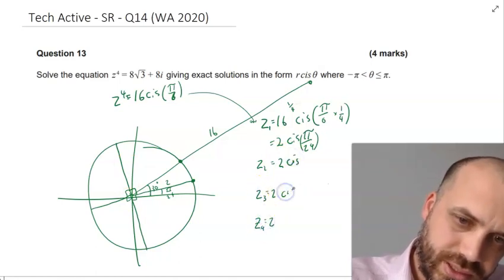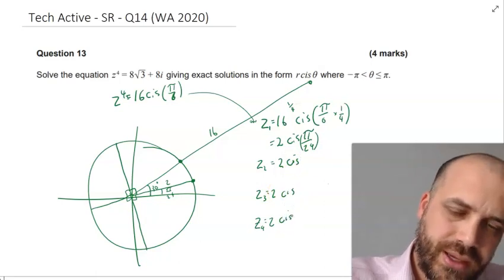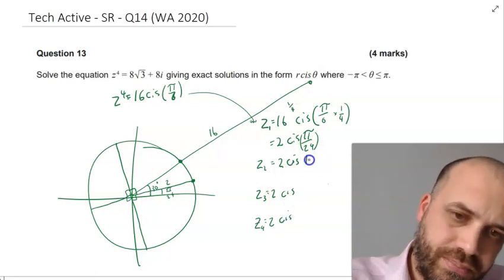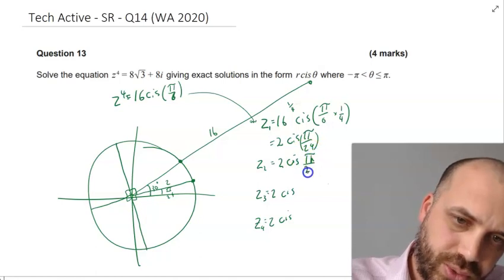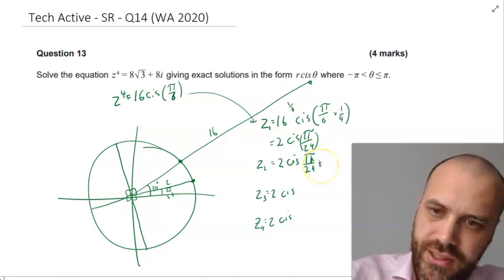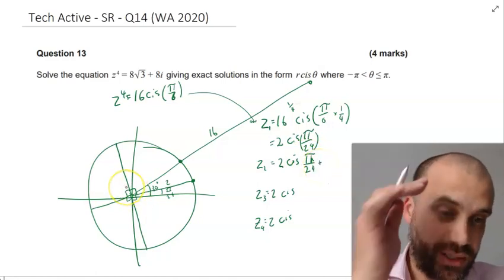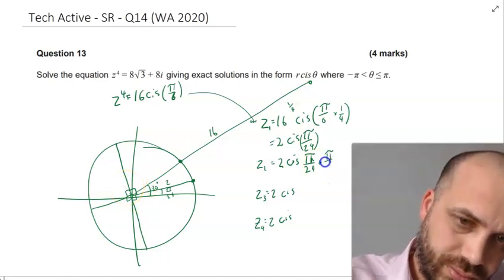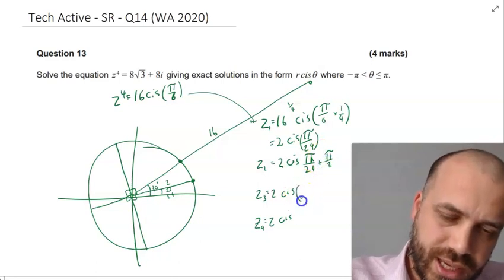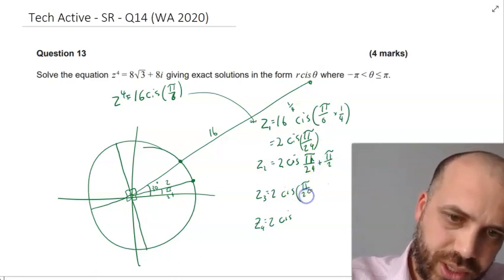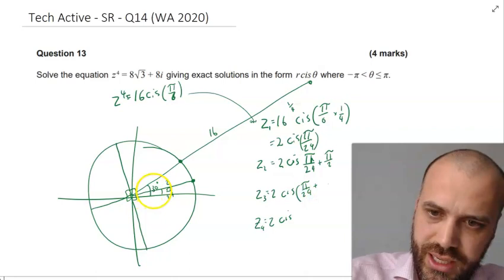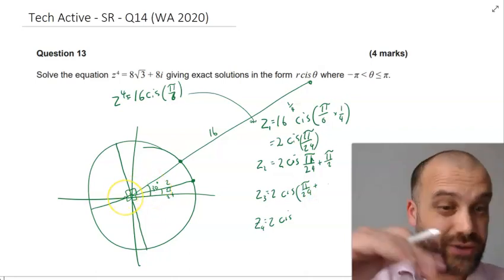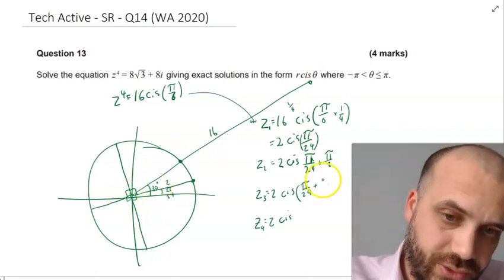Cis, cis, and cis. This first one is going to be pi on 24 plus this angle here, which is pi on 2. This next angle is going to be pi on 24, so the starting angle right here, and then add 180 degrees on it, or pi radians.